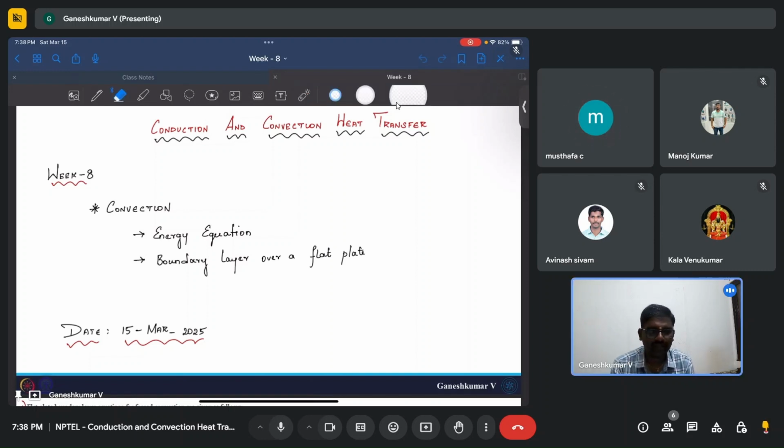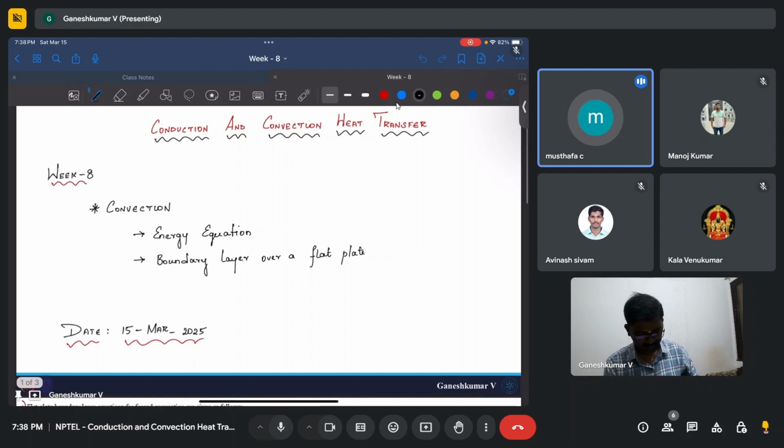Yeah, we can say it's a flow work. See, PdV is pressure times, so you can see that P into divergence of V, right? The divergence of V represents the flow. So you can say PdV work is nothing but your pressure work, which is also flow work.